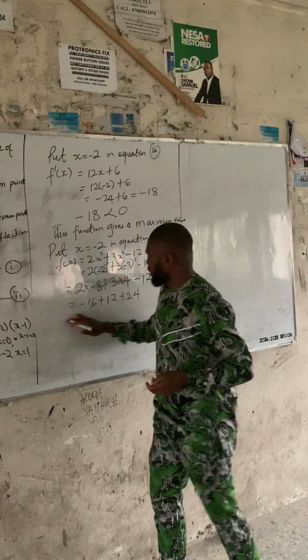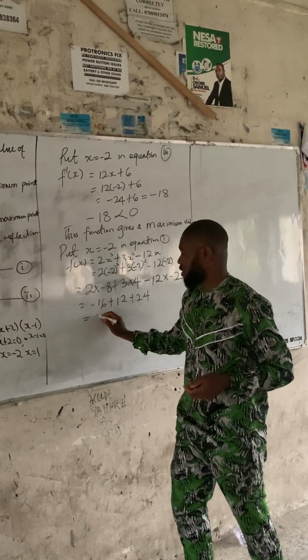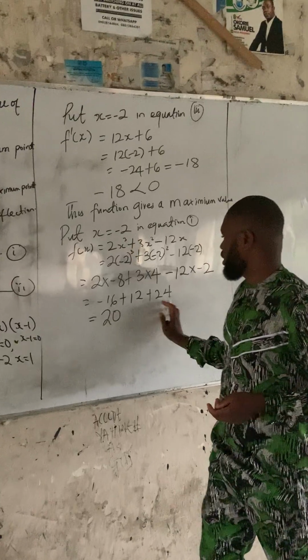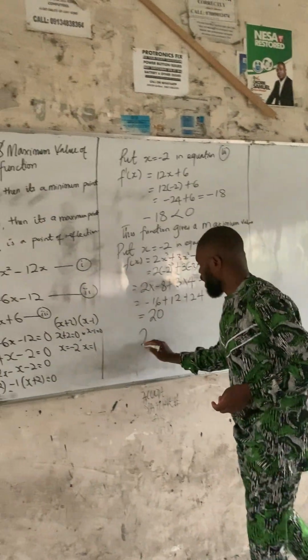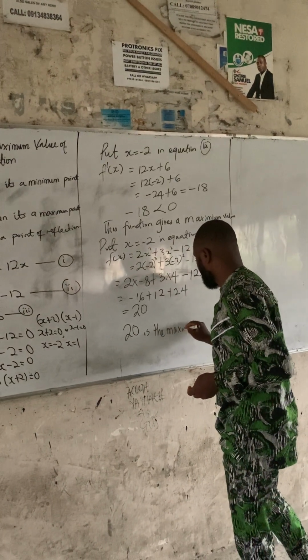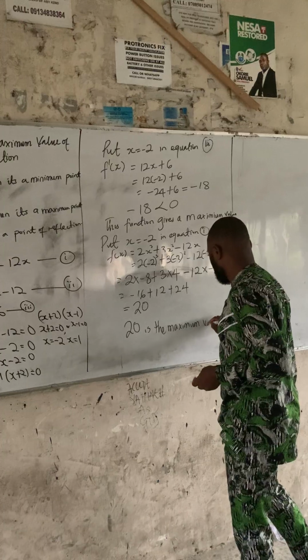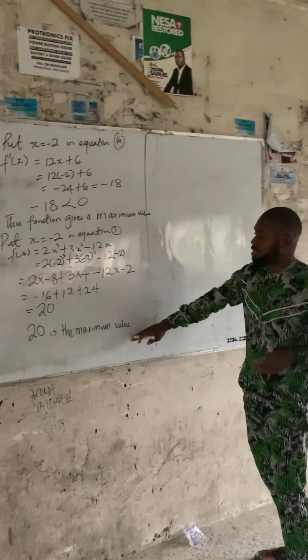If I add and subtract everything, I'll have 20, because 36 minus 16 gives me 20. So 20 is the maximum value.